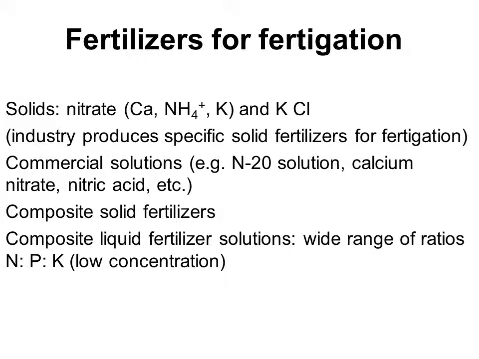In general, the problem with that is that they are rather expensive and the concentration of NPK is rather low. So, the most economic solution is to buy high-grade solid fertilizer from the industry and then do the mixing and the dissolution in the field, in the farm.